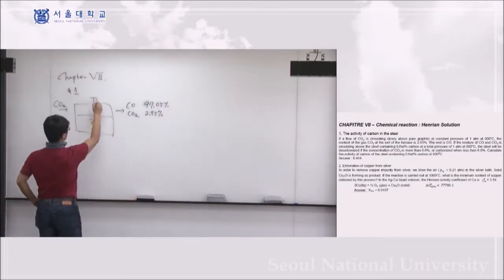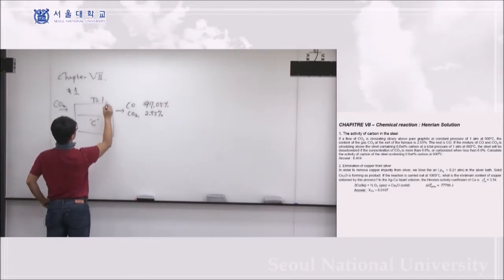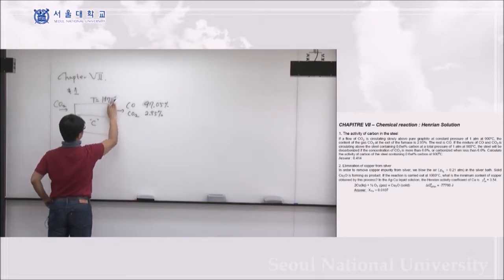At T equal to 900 degrees Celsius, this is 1173 Kelvin.